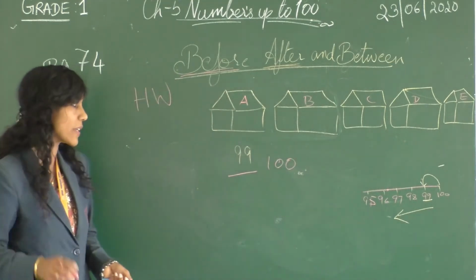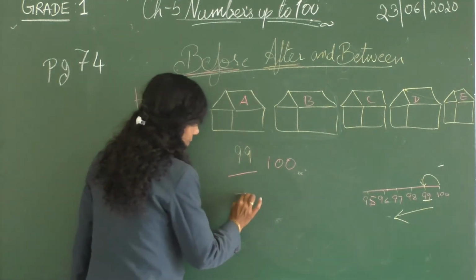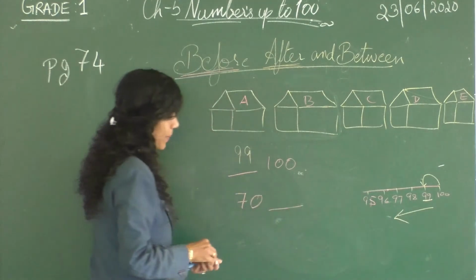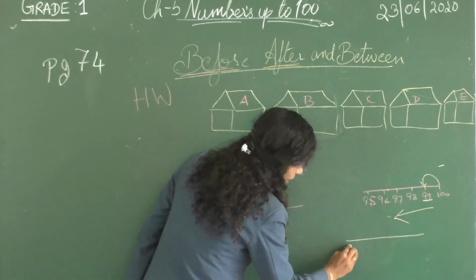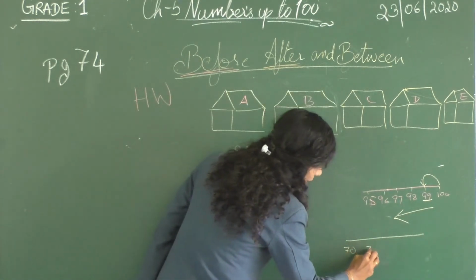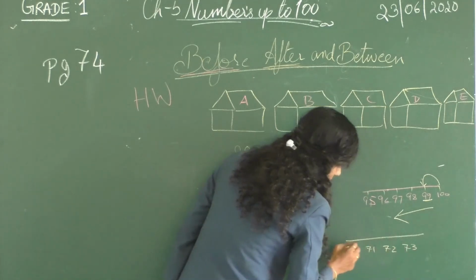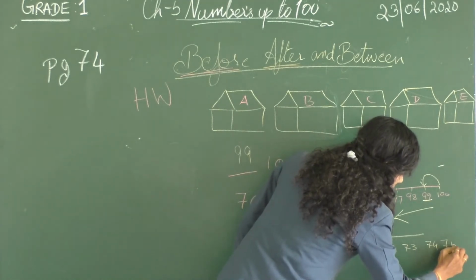Taking another one, write the number that comes just before the given number. The example we will be taking is 70. Drawing the number line: 70, 71, 72, 73, 74 and 75.